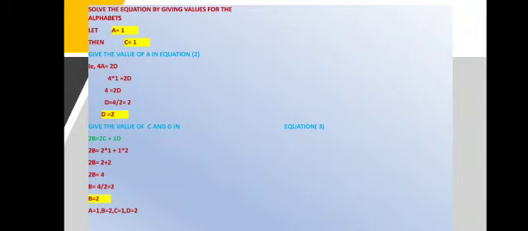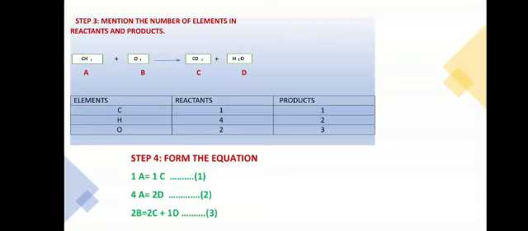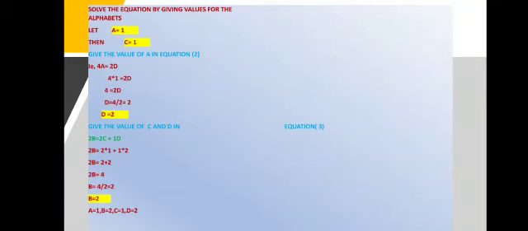Next, give the value of C and D in equation number 3. Let us see what is equation number 3. Yeah, 2B is equal to 2C plus 1D. That is the third equation. In that equation, we are giving C value and D value. What is C? 1. D value is 2. So, instead of C, we will give 1.